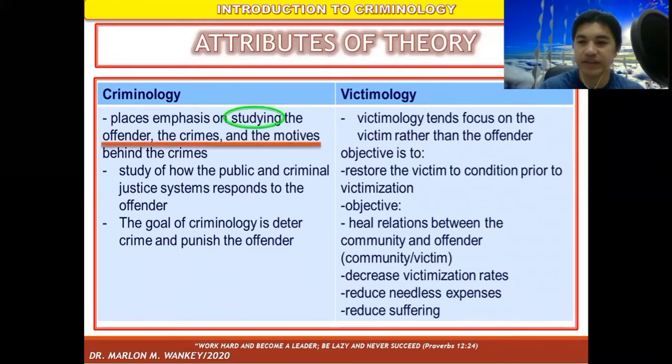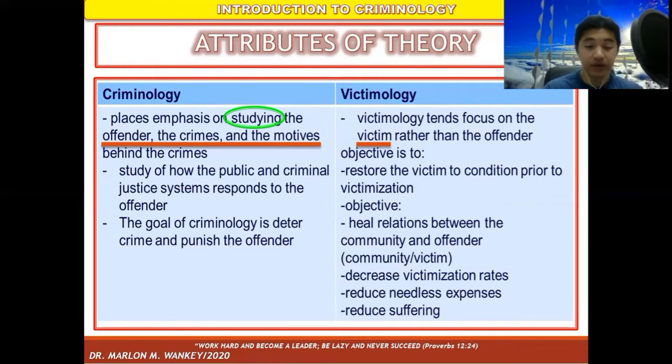While victimology tends to focus on the victim rather than the offender. Criminology is determining who is the offender, how the crime was committed, where the crime was committed, and what the factors are that provoke the offender to commit the crime. Samantalang sa victimology is more on the victim.